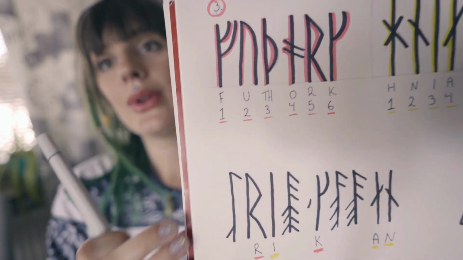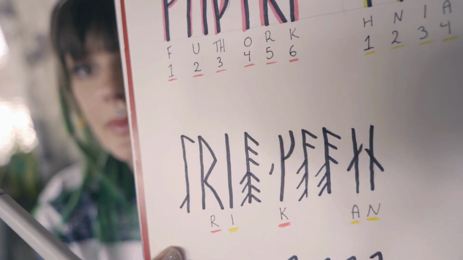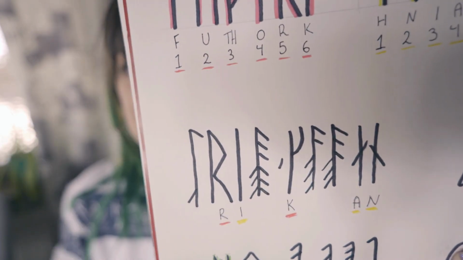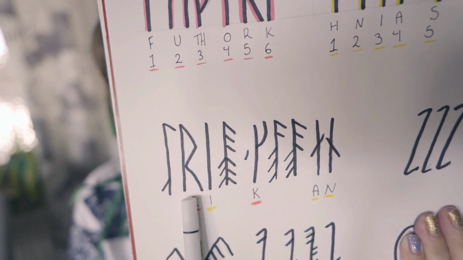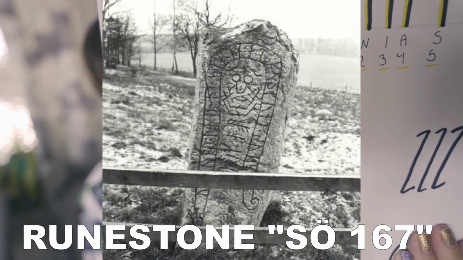My first example is this one. Pretty, right? Looks all kinds of crazy. This is from runestone number 167 from Södermanland.